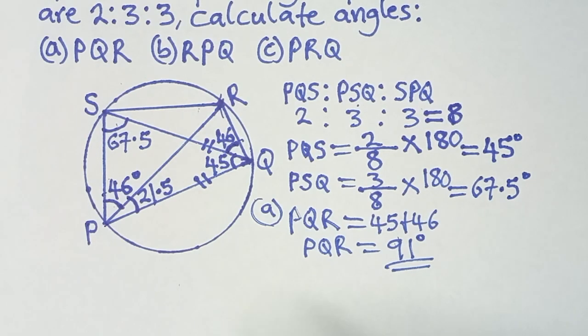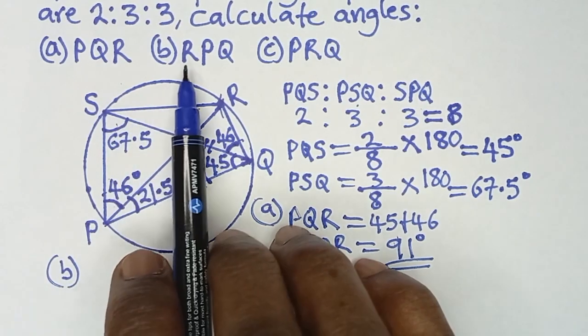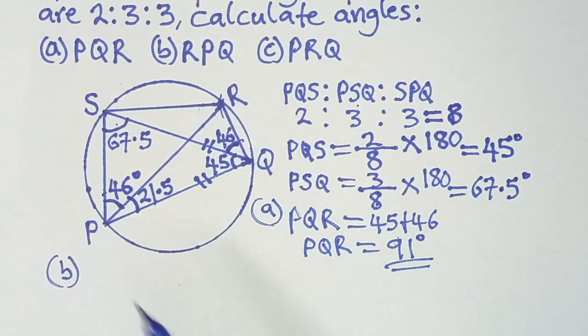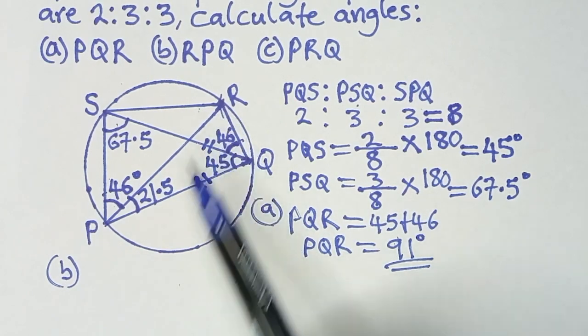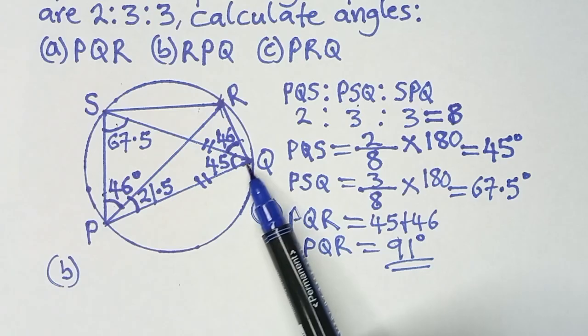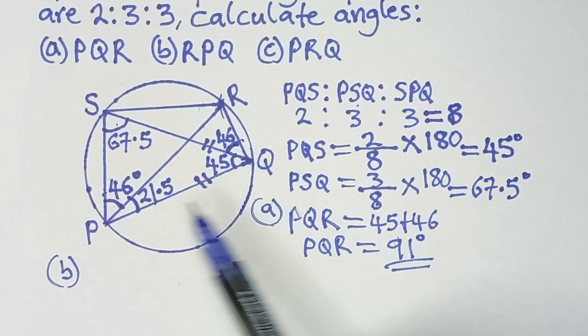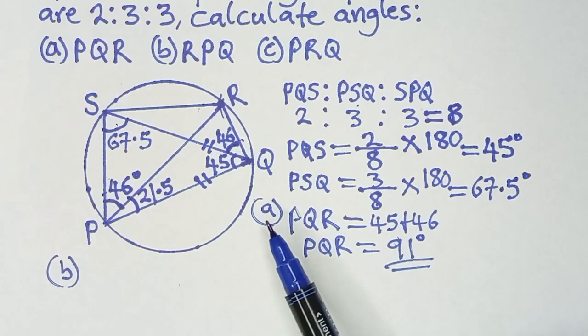Now, I would like to continue question B from here. Question B says to find angle RPQ. Let's look at it now. RPQ. You can see that we already have the value for that angle.